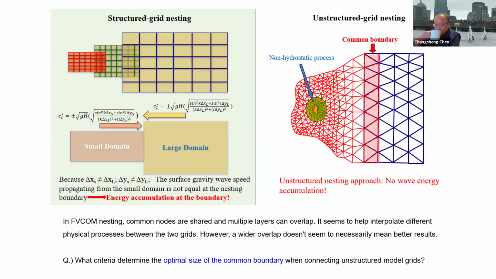So the criteria to decide the size of the nesting really depend on the question you study. First, you want to make sure of the location of the nesting boundary, not only the size. You want to decide what area you should start nesting, right?